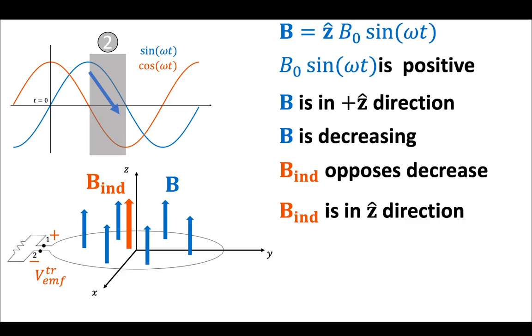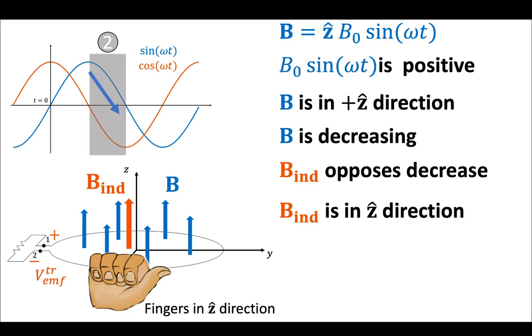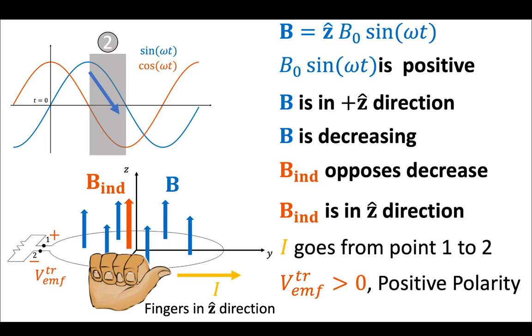And we can put our right hand there along the loop, our fingers pointed in the positive z direction, and our thumb is going to then show us the direction of the current, which goes from point 1 to point 2. So from the positive to the negative terminal of our transformer voltage, which means that we're going to have a positive polarity in this second time region.